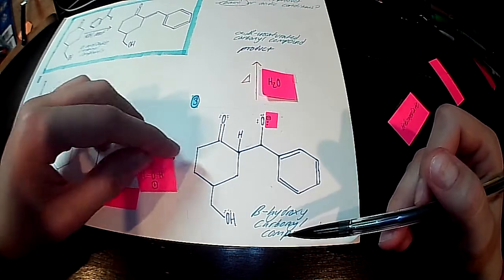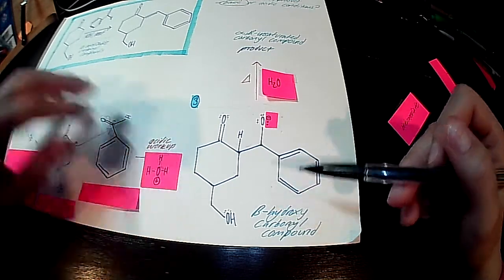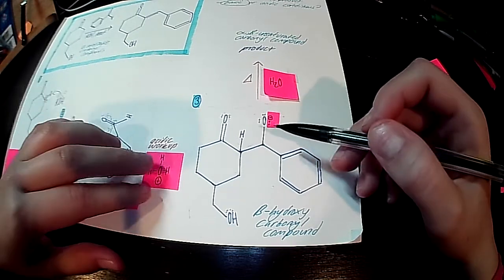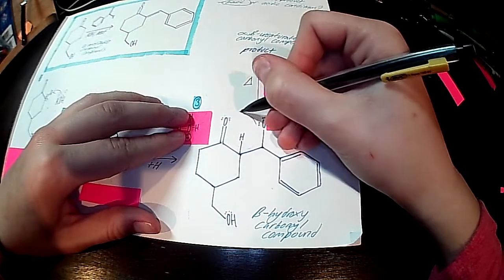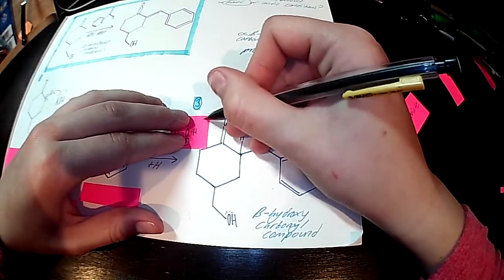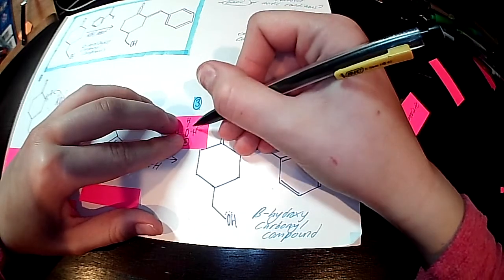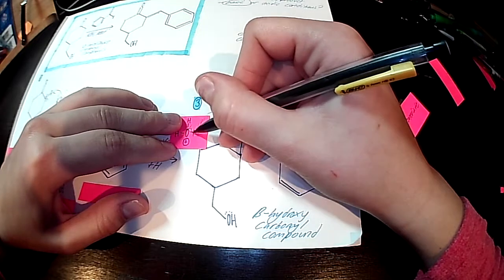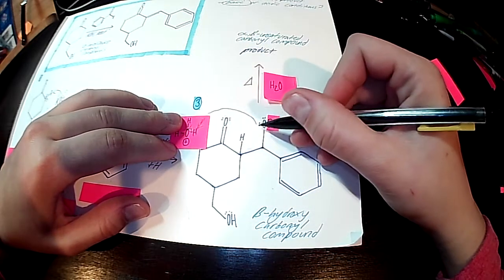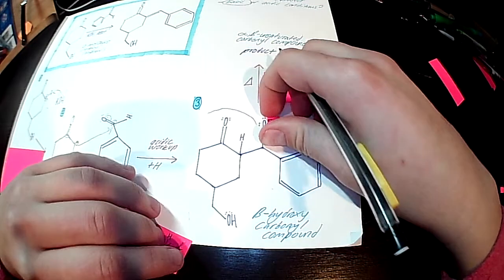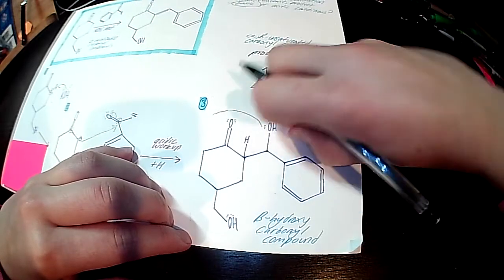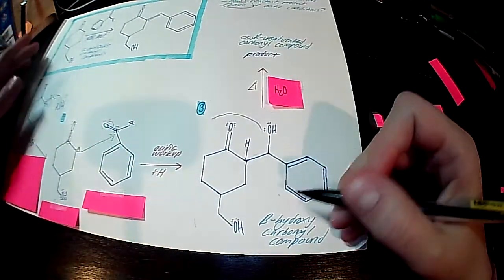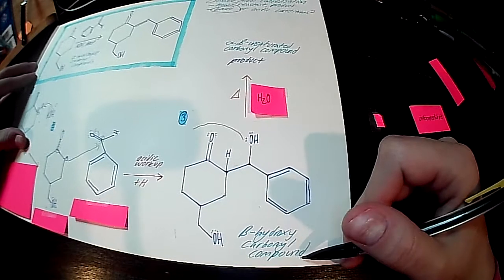So we're going to come in, let's use this hydronium ion, and we're just going to pull one of these hydrogens off, and then the electrons go to the oxygen from that bond, because our hydrogen is going to come over here and it's going to appear right there. So that is now our beta hydroxycarbonyl compound.